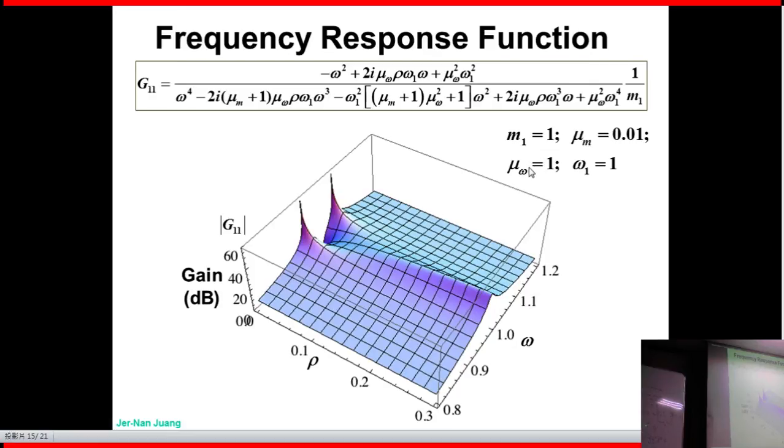Yeah, I think he's asking about why mu omega equals 1. You mean why mu omega is equal to 1? Oh, that's just my assumption. I just chose certain design parameters here, and I use only rho. Rho is my only design parameter. Only one.